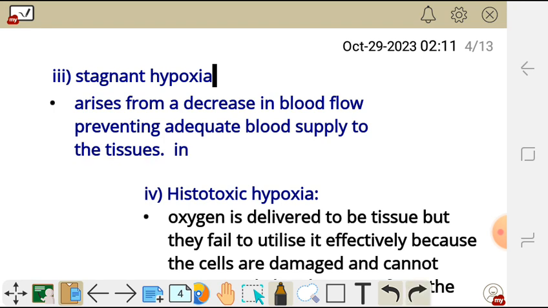We're going to have low blood supply due to decreased blood flow. This is observed in heart failure, heart attacks. The organs will receive less blood supply, and meaning even the oxygen levels which are supplied are going to be reduced, and that is referred to as stagnant hypoxia.